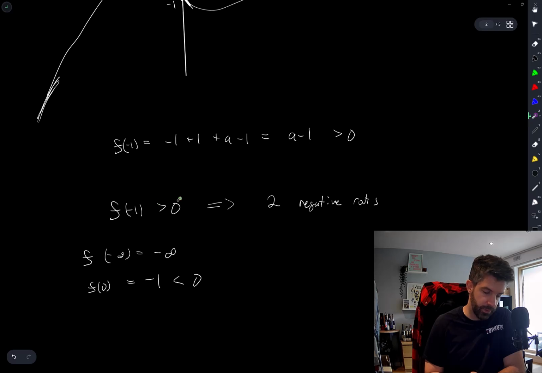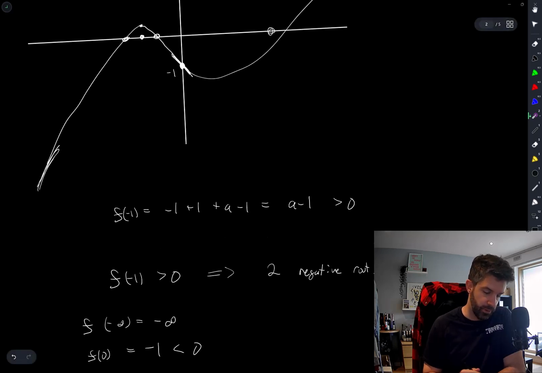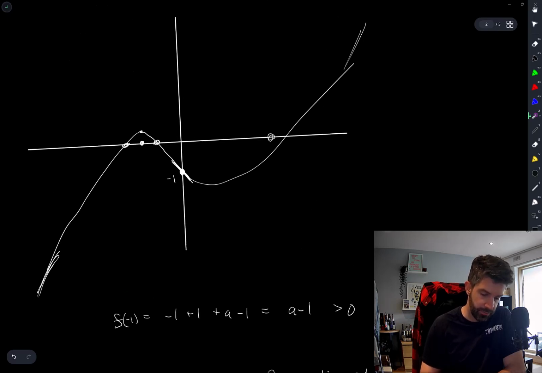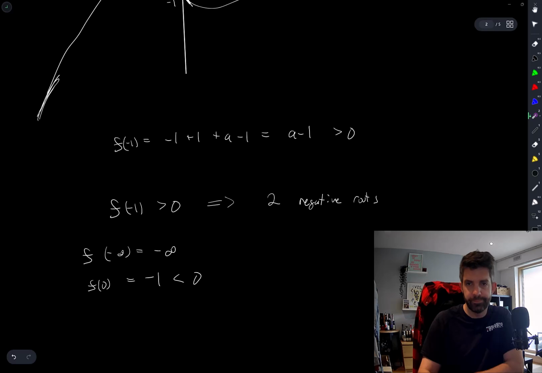So this is above, these are both below. There must be 2 points where it crosses then, one to the left of negative 1 and one to the right of negative 1. And again, combined with the fact that as x goes to positive infinity, this goes to positive infinity, we'll have another root somewhere. So that's enough.